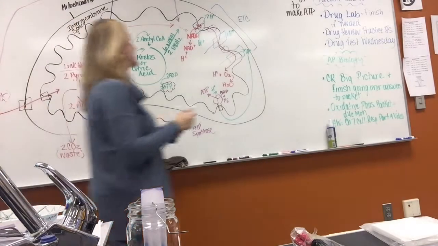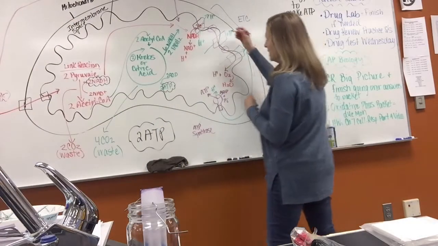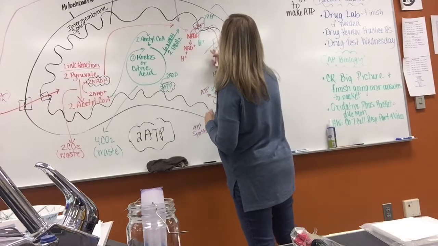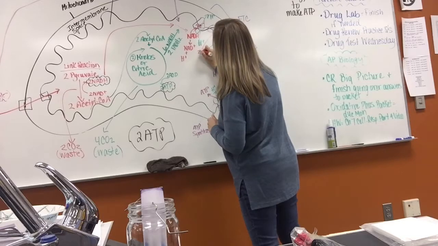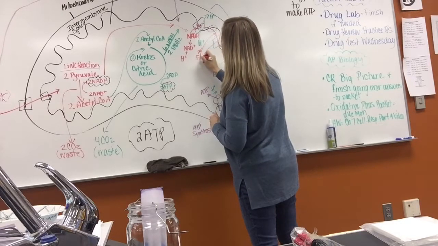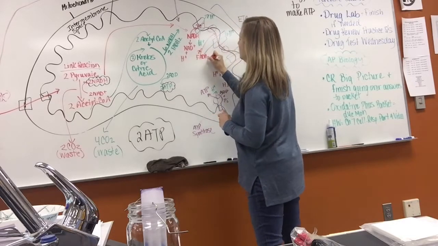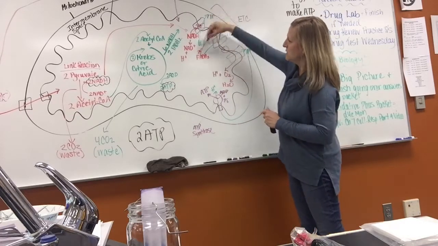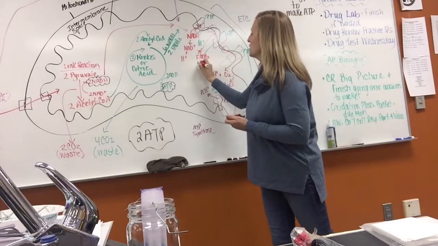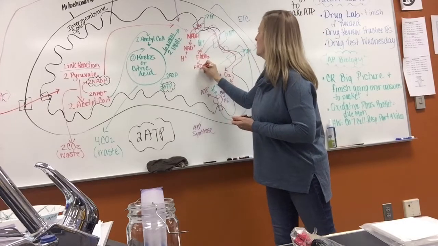And so let's draw this on our thing here. I'm going to write here that 2 electrons from FADH2 are dropped off later. All right. So it bypasses this first pumping of H pluses, so it'll be converted back to FAD.